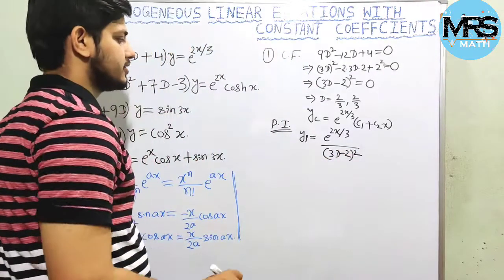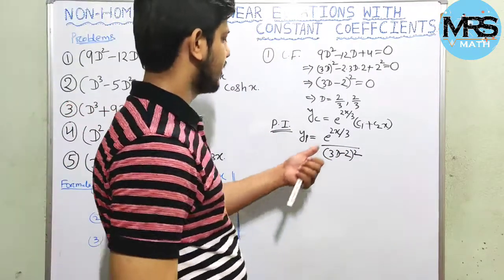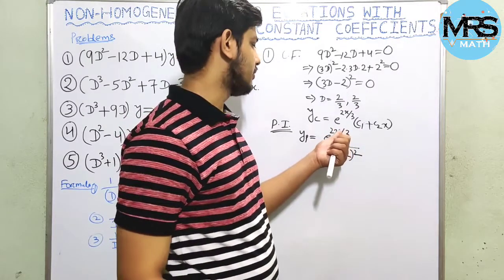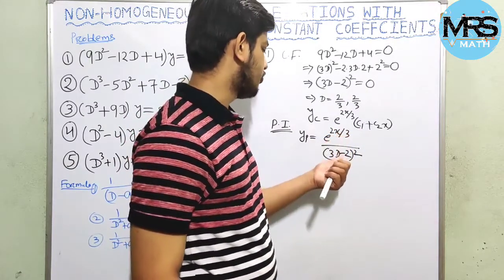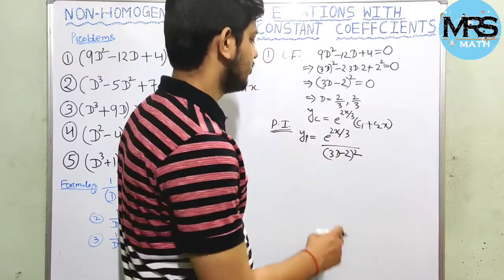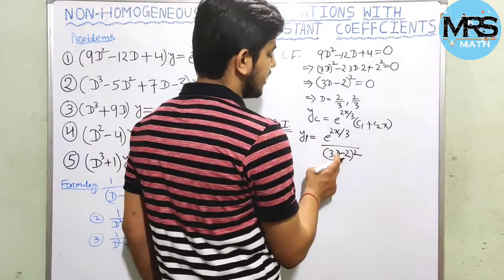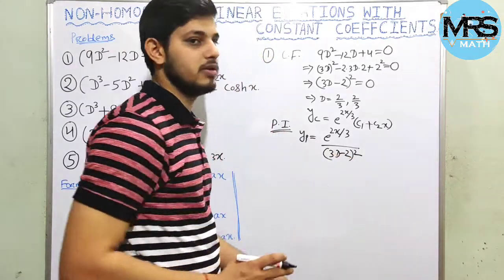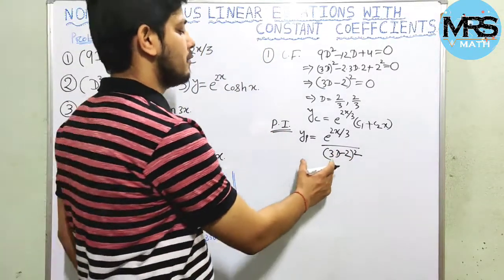So here you can see what our formula says. For e^(ax), whatever a is, we have to replace D by it. But if we replace D by 2/3, then this part comes as 0. So here the problem arises.